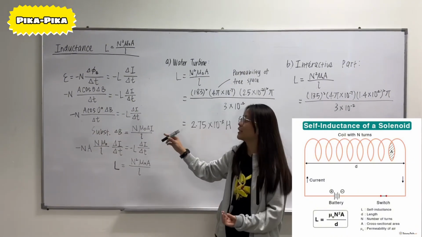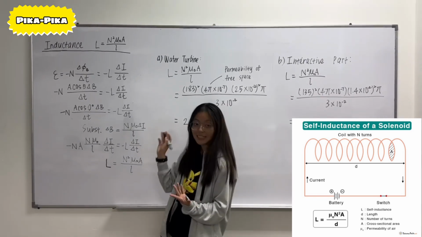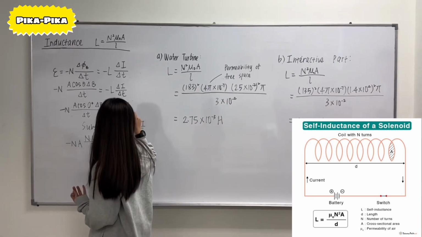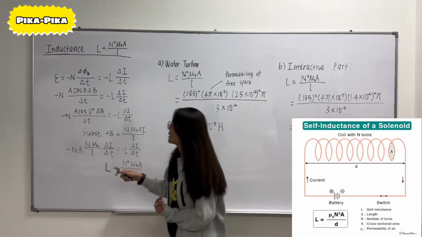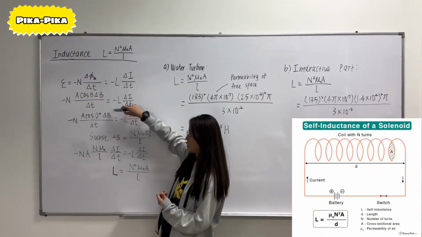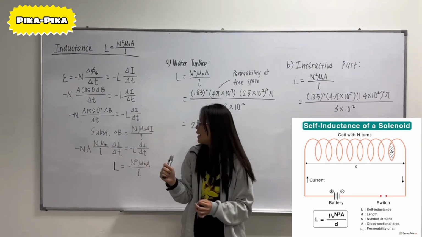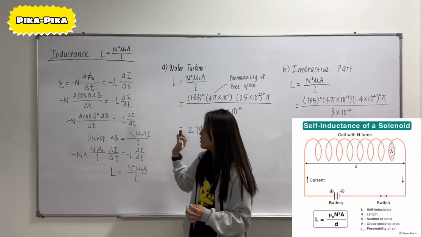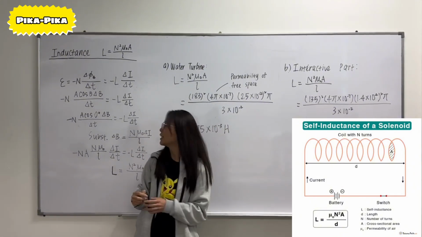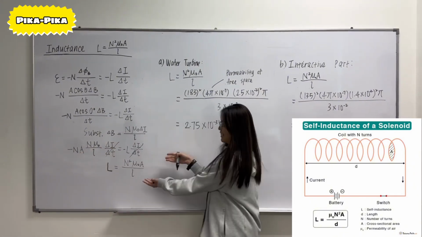It's the same reason as we explained in the magnetic flux equation previously. After this, we will substitute the change in magnetic field equation into this equation, and we will get this equation. Now we will do some simplifications and cancelling, and we will get this equation.